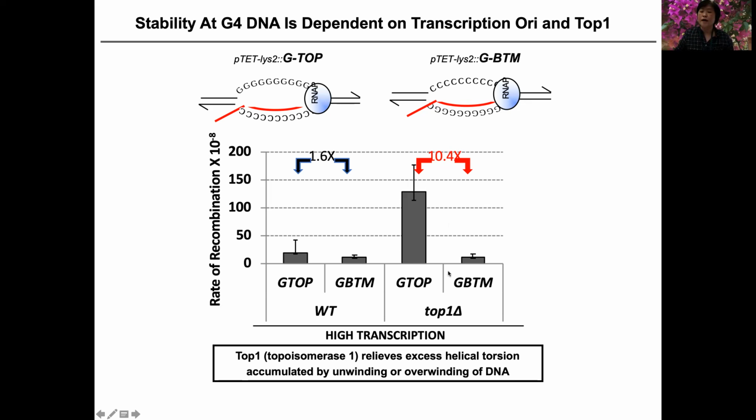This says that it is specific for G4 formation, and deletion of TOP1 is somehow increasing the formation of G4, leading to higher recombination at this reporter. So this is basically the principle we're going to be using for the results that we're going to talk about today, to identify and characterize factors that are affecting G4 DNA instability.